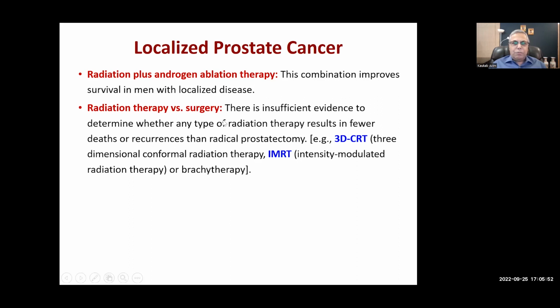Radiation therapy versus surgery, which one is better? There is insufficient evidence to determine whether any type of radiation therapy results in fewer deaths or recurrences than radical prostatectomy. But you know, radical prostatectomy is a big operation.